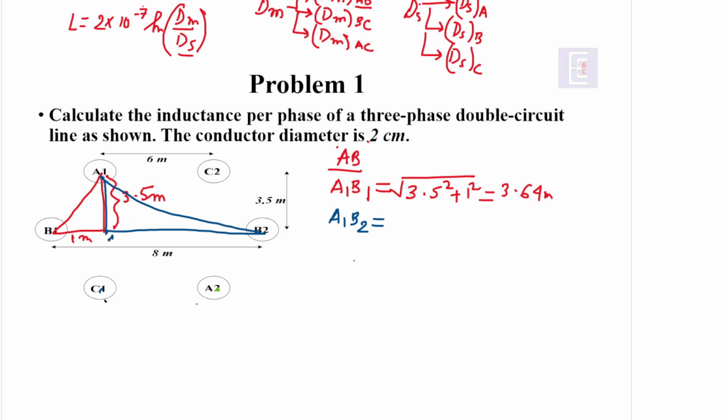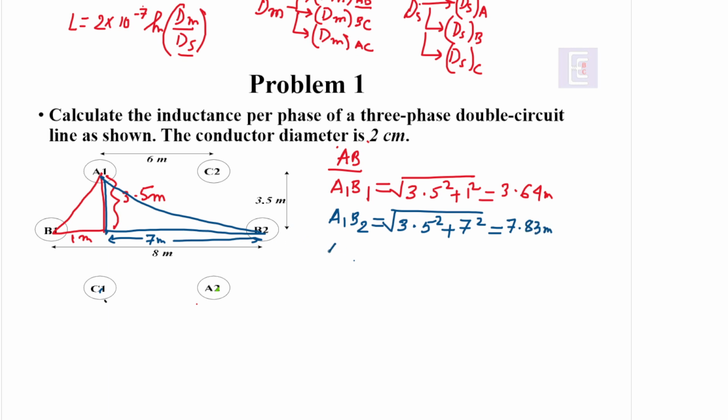So this is 7 and this is 3.5. So A1B2 is nothing but the square root of 3.5 squared plus 7 squared, which is found to be 7.83 meter.